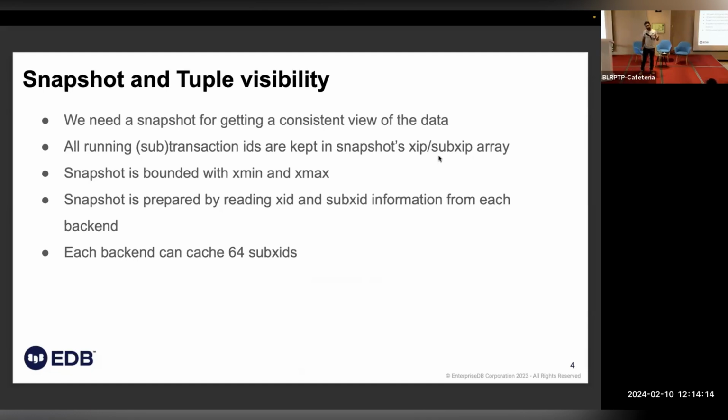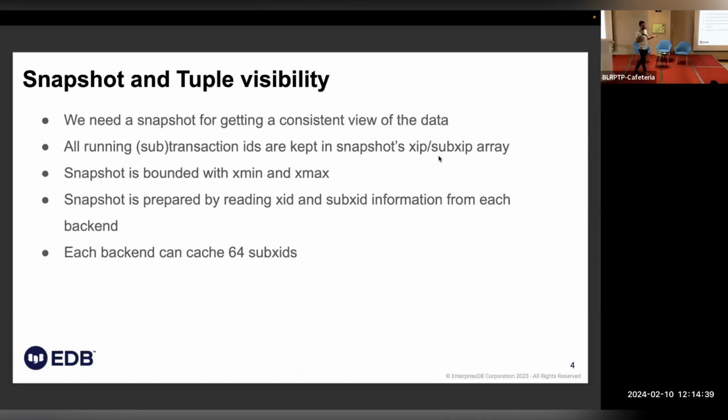So, snapshot and tuple visibility, with just a brief introduction of MVCC before going into it. I think you might have heard the terms about the isolation level in a database, right? Suppose you are running a query, say select star from the table.